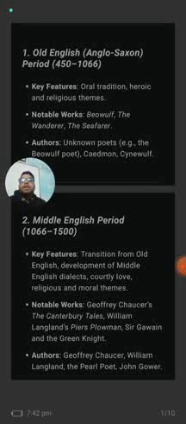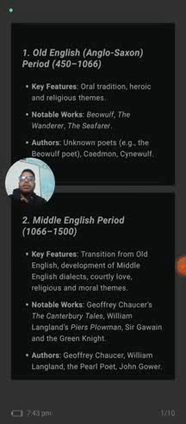Important key features we see here: oral tradition, the tradition that is orally mentioned, not written. Heroic and religious themes were also present.